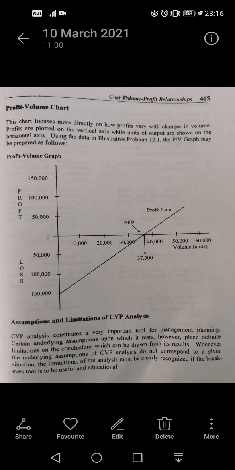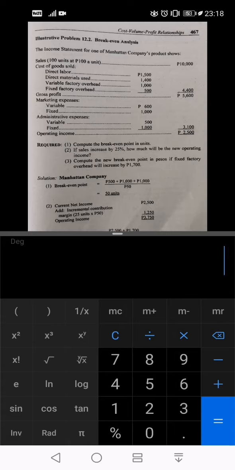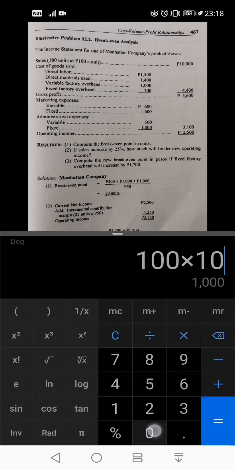So you're going to multiply 100 units times 100 pesos per unit. There you can get 10,000 pesos.